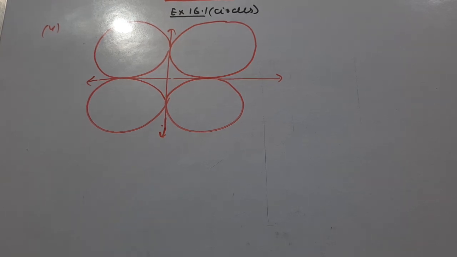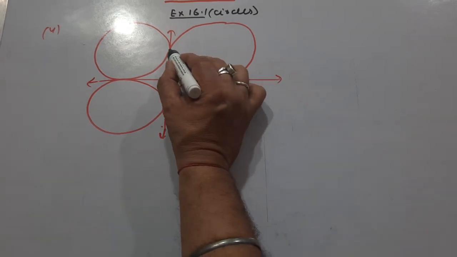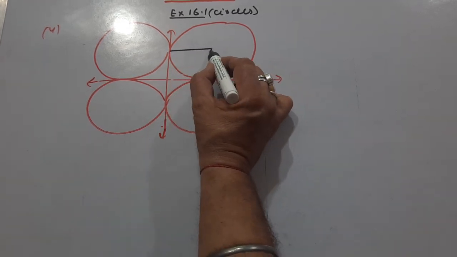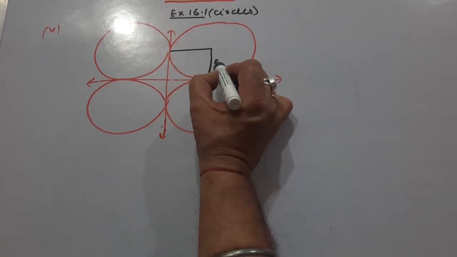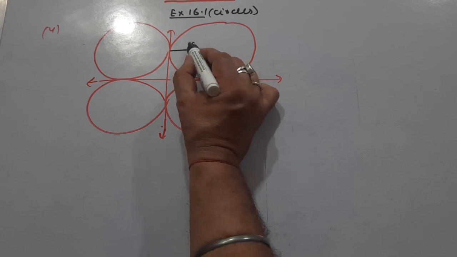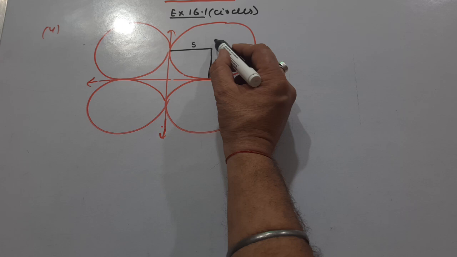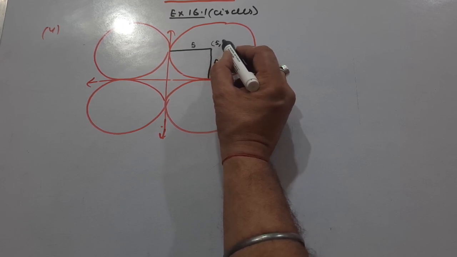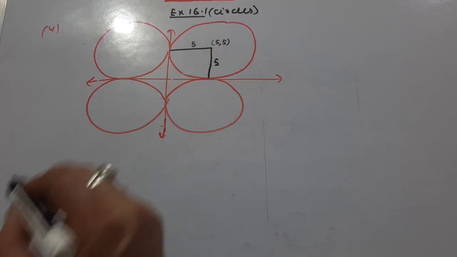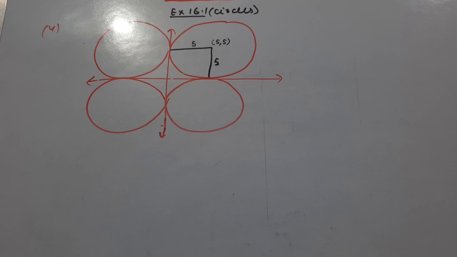Because in this question radius is 5, I told you in the beginning that if a circle touches both the axes, then radius and coordinates of center are same. So if radius is 5, then coordinates of center will be (5, 5).